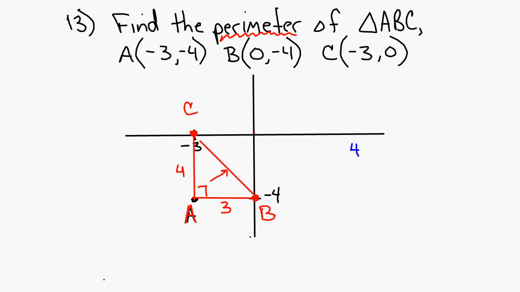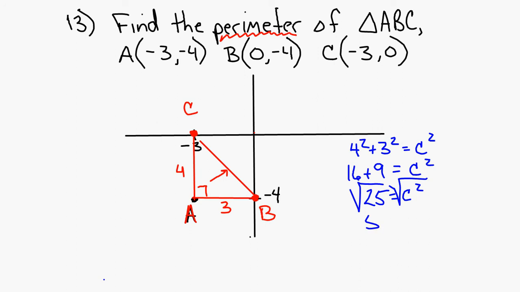And that's 4 squared plus 3 squared equals c squared. And 16 plus 9 equals c squared. 25 equals c squared. Square root of 25 equals c.